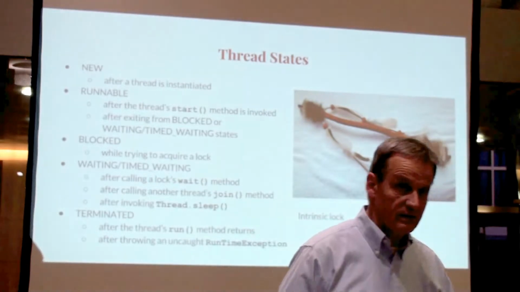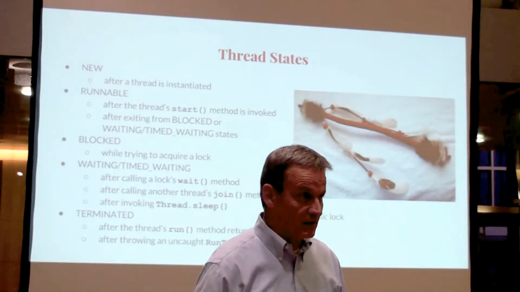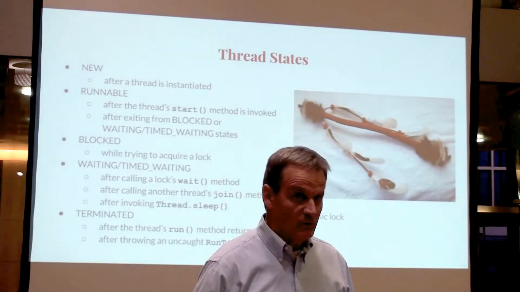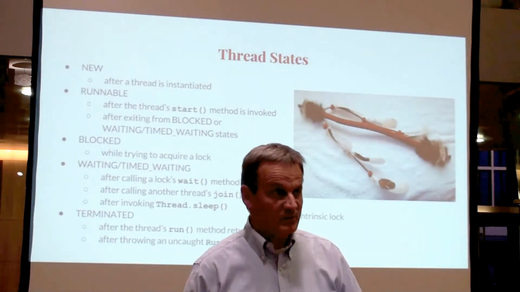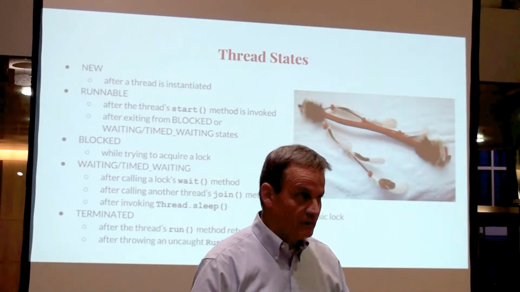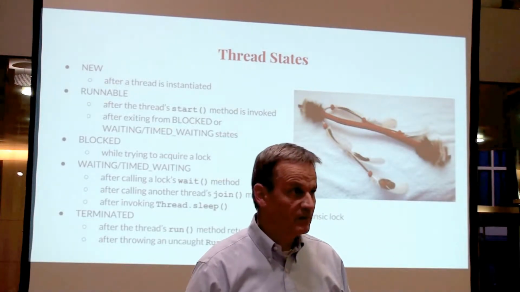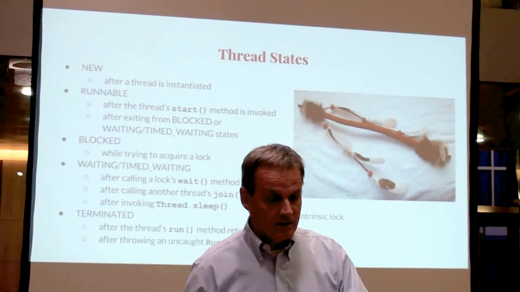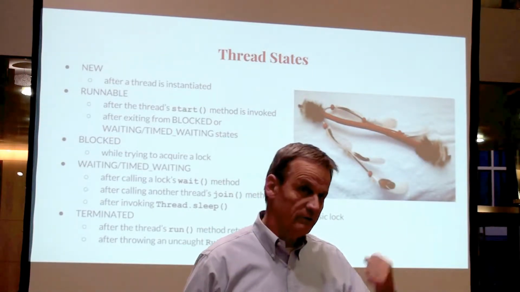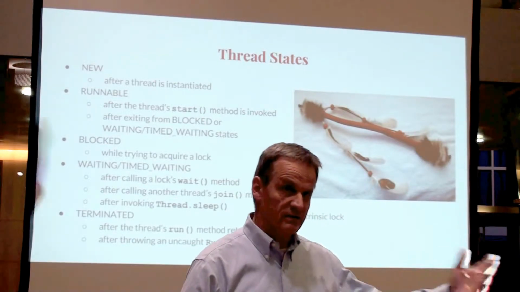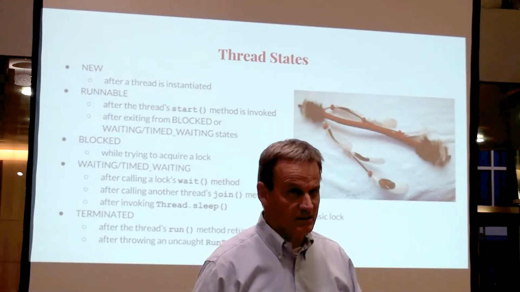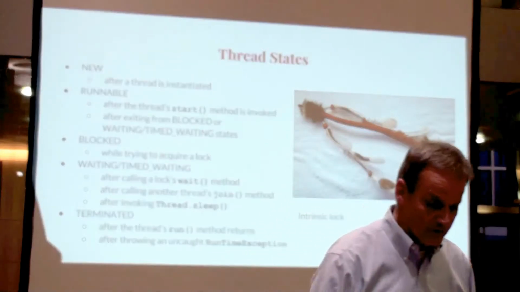Now, assuming that the guy gets the talking stick and says, oh, I forgot what I wanted to say. Well, then he has to give up the talking stick and exit the tribal council ring. And then if somebody else gets the talking stick and is kind enough to say, notify all, everybody who had to exit the council can now return to their places inside the council ring and they become runnable.